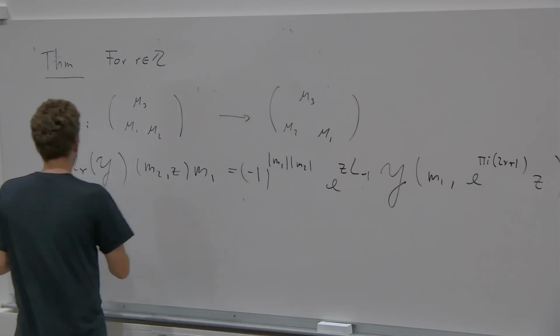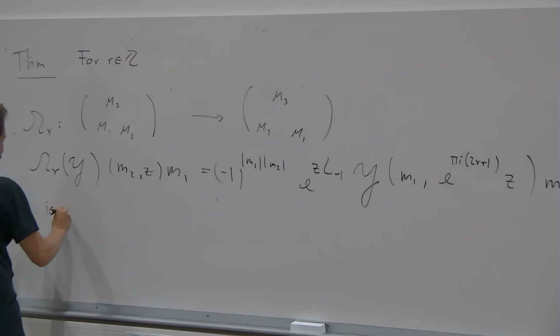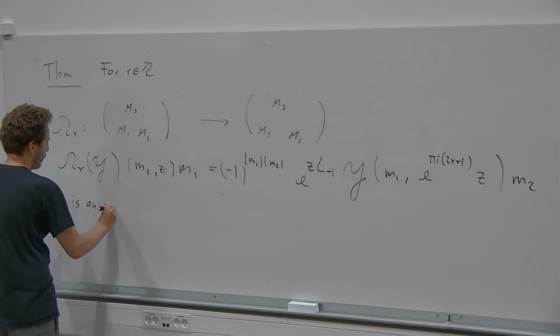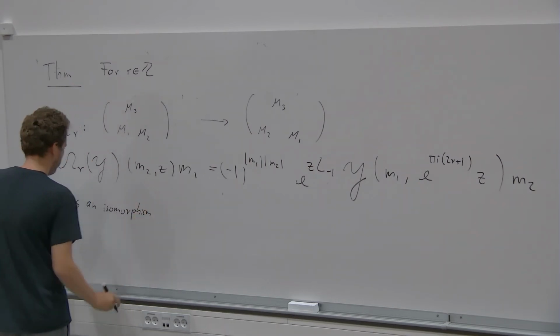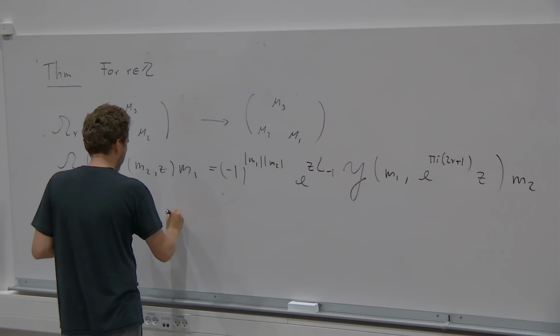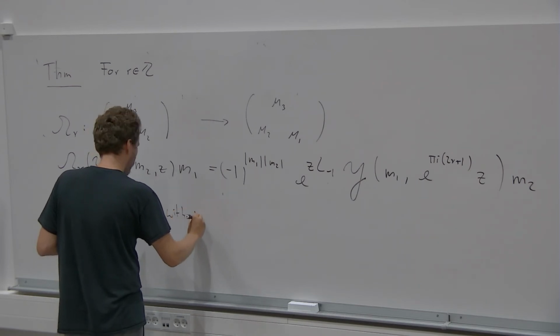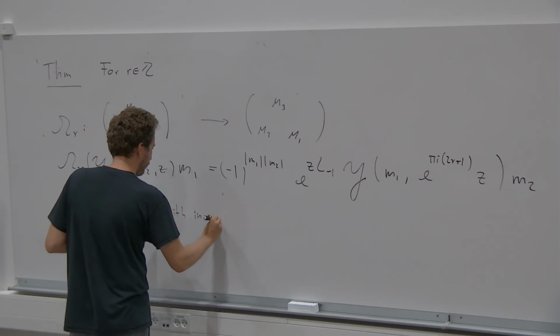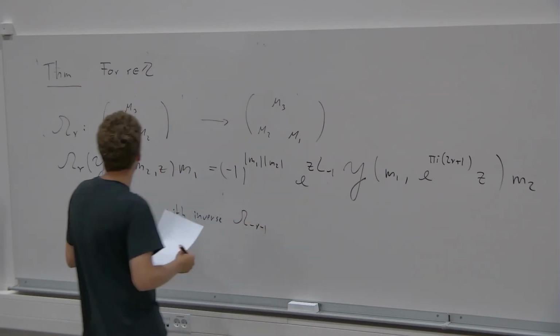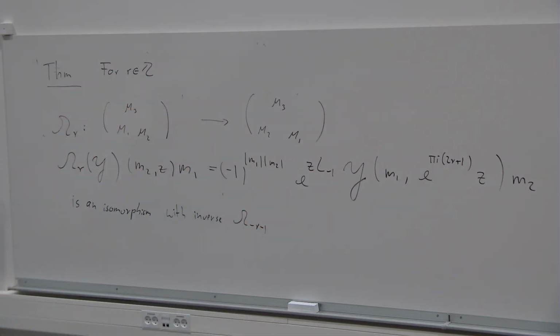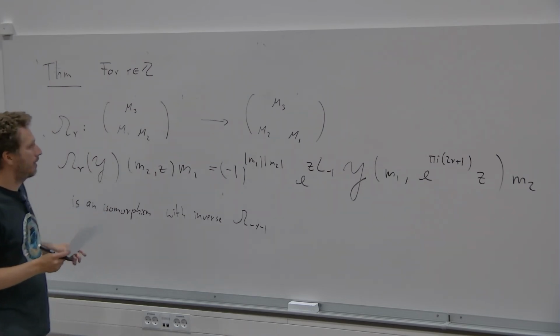And the statement of the theorem is that this is an isomorphism on the spaces of intertwining operators, with inverse omega negative r minus 1. So I'm saying this without any further comment.